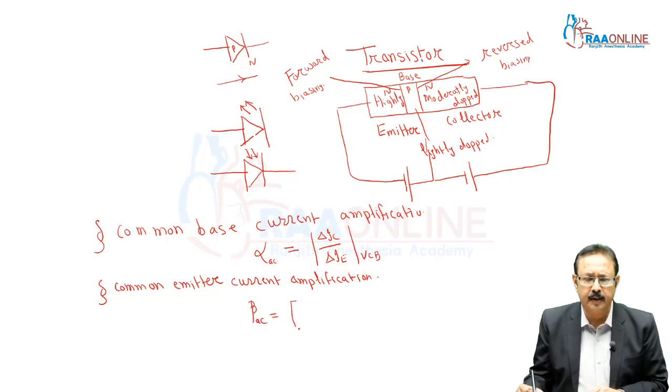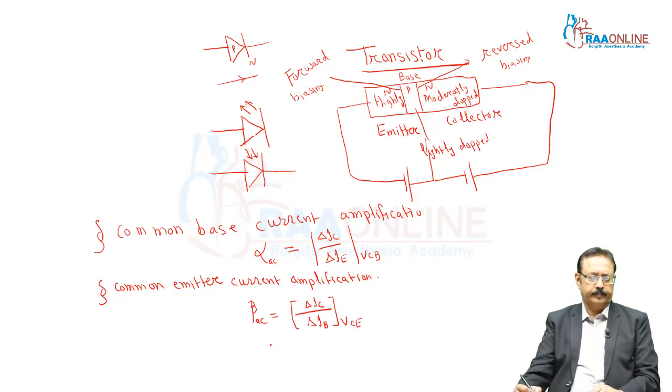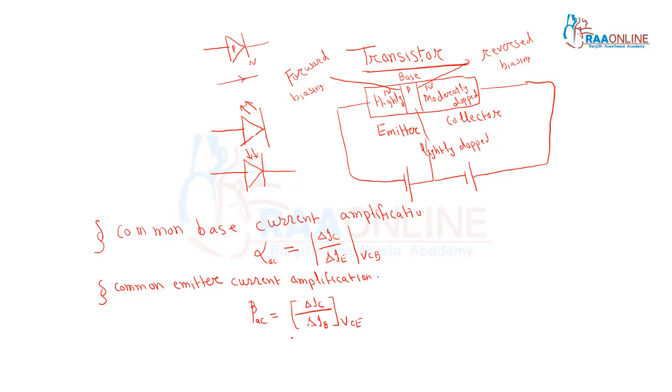It is known as delta IC upon delta IB, when VCE is constant. And the relation between alpha and beta is this: alpha is equal to beta upon 1 plus beta.